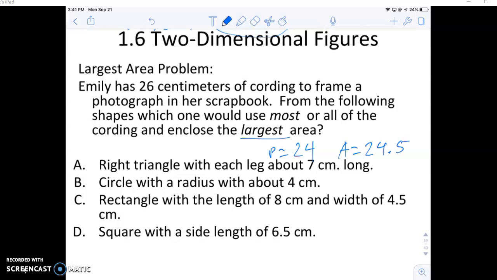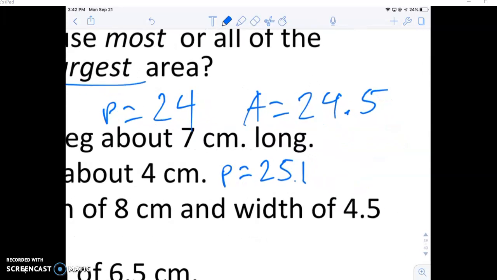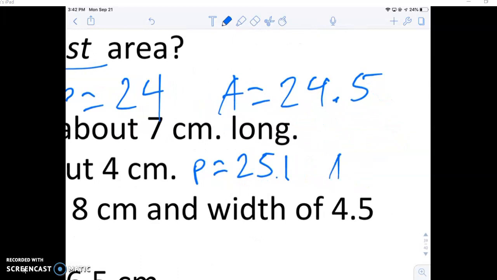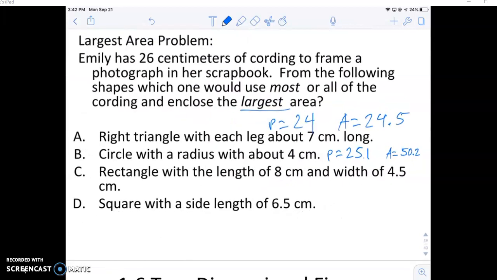Next one, part B, the perimeter of the circle, or the circumference, was 25.1, which is less than 26, so we're good there. And area was 50.24. Next one, that rectangle, the perimeter is 25, and the area is 36.